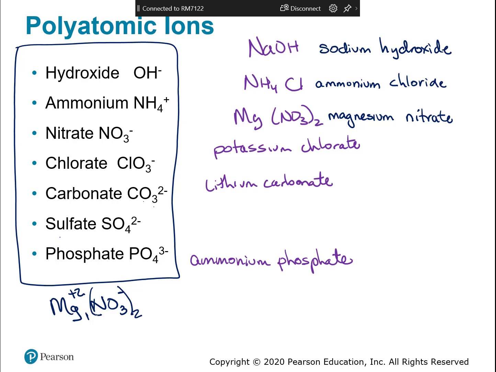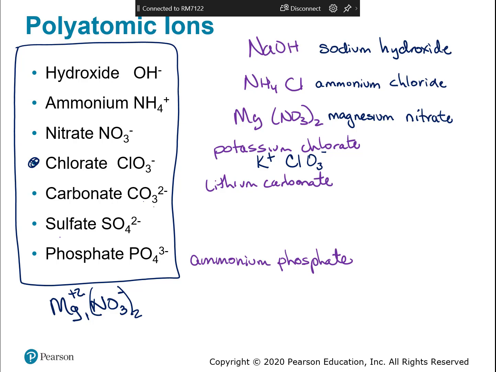So let's do this one then. So potassium chlorate. What is potassium? We're going to write the formula now. Potassium is K, and its charge is a +1. And then the chlorate is ClO3 with the negative, right? That's the chlorate here.